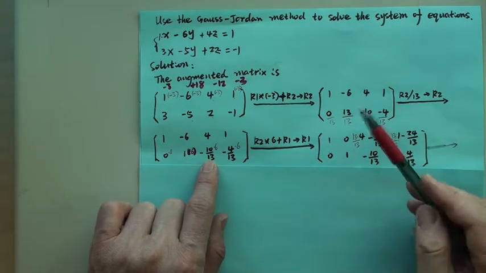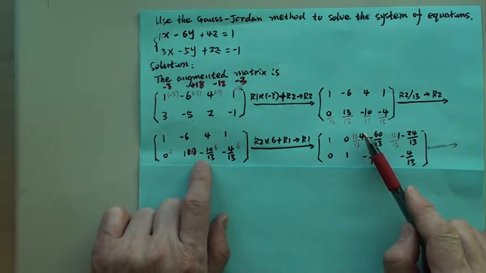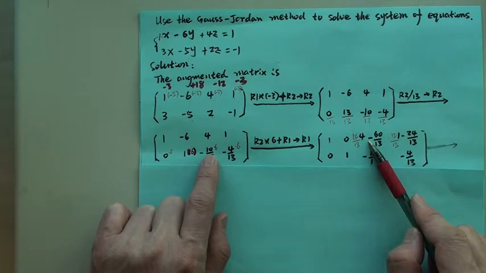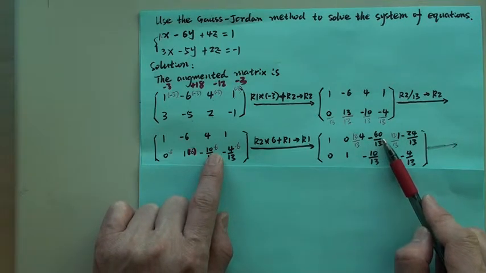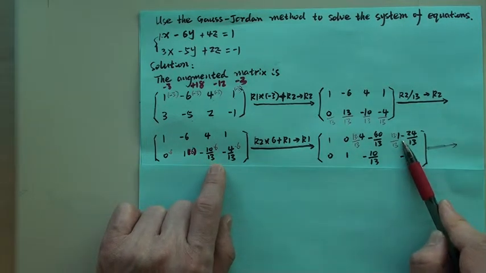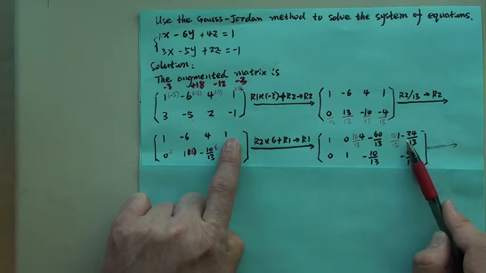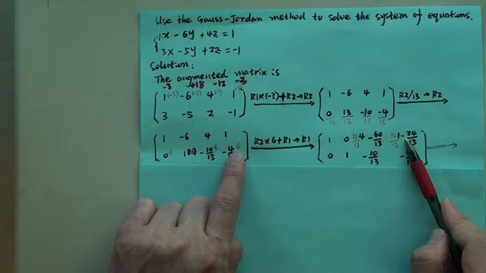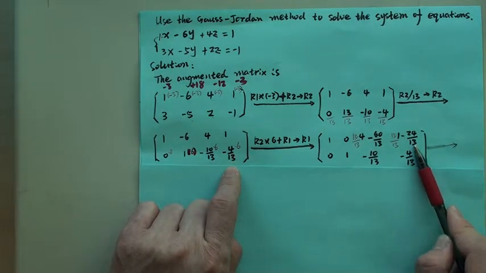Now here is the thing: for the third entry, you have 4 minus 10 over 13 times 6. 10 times 6 is 60, then over 13. The last one is 1 plus negative 4 times 6, so you have negative 24, over 13.